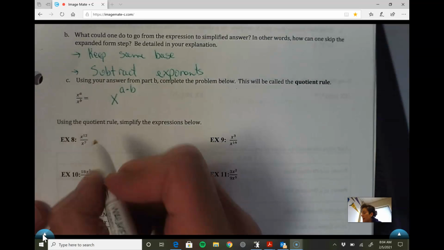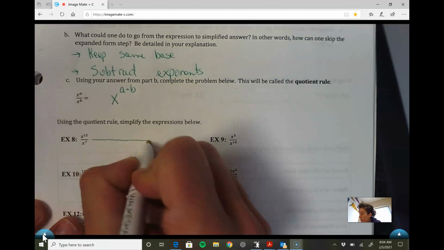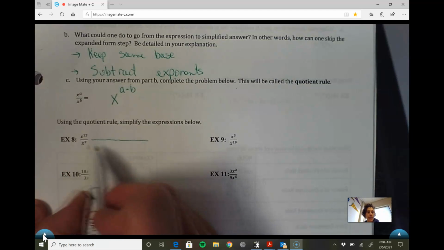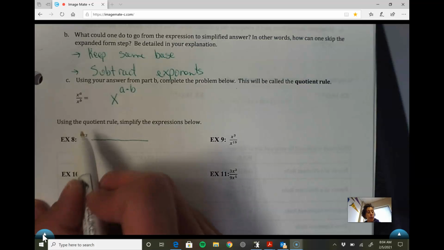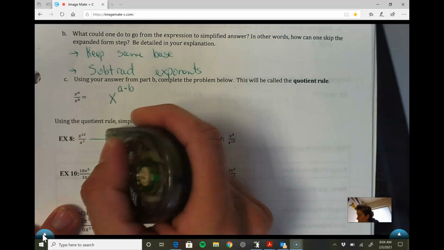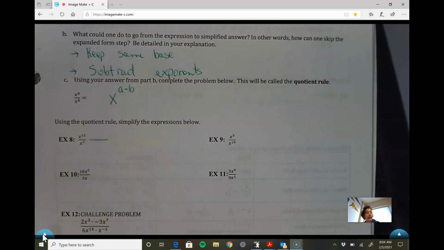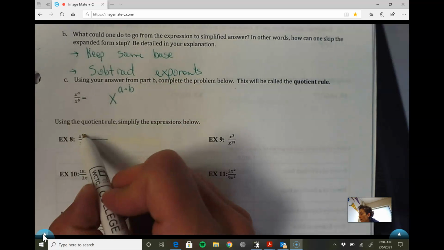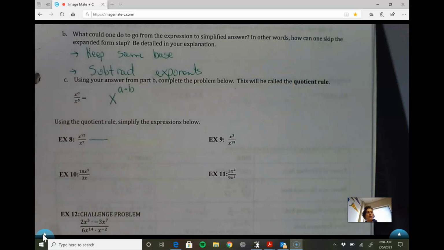So if you look at this, I wrote this out, I've got 12 x's on top and 7 on the bottom. So what I'm going to do real quick, and I didn't mean to make a fraction bar that long, is I can just subtract those exponents. So 12 minus 7 is 5. So the question is, where are those 5 x's?